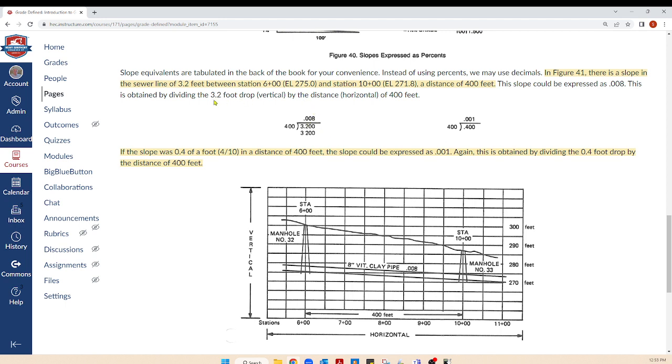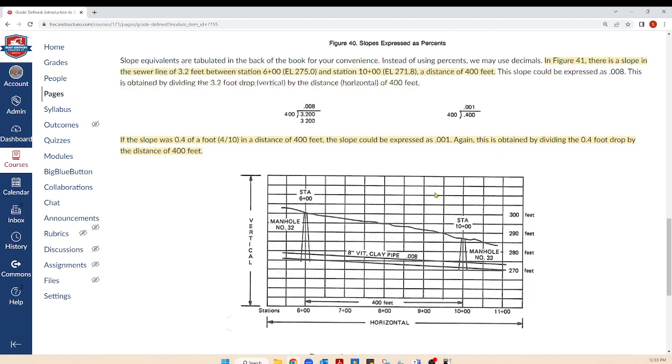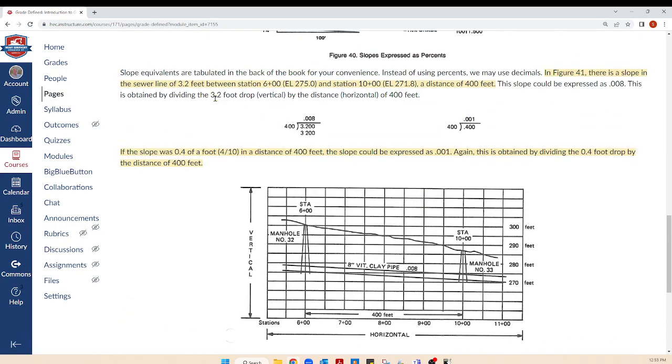Let me see. 271.8 minus 275 equals 3.2. So their fall is 3.2. Here it is. They say it right here. A 3.2 vertical drop over a distance of 400 foot.